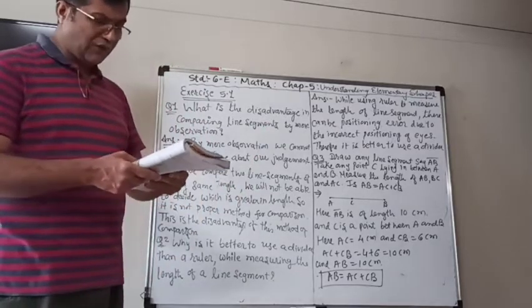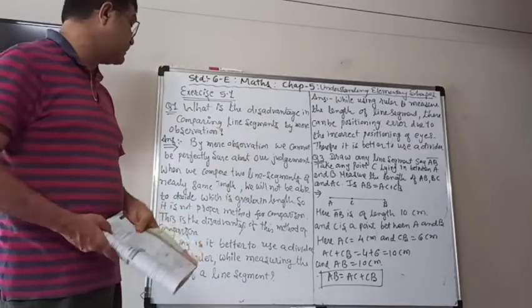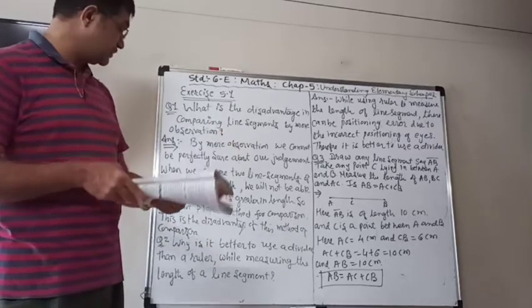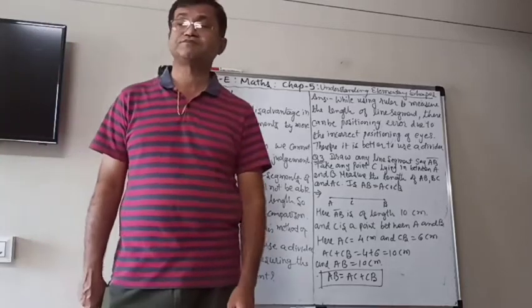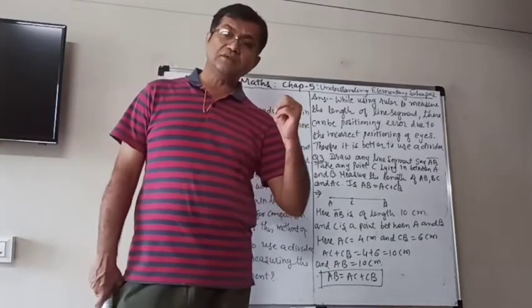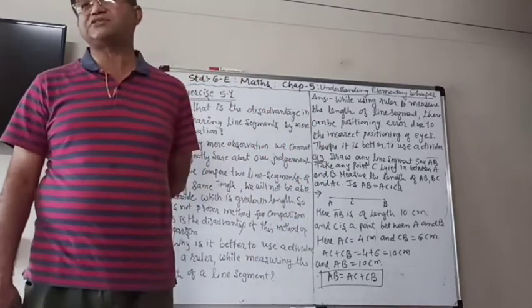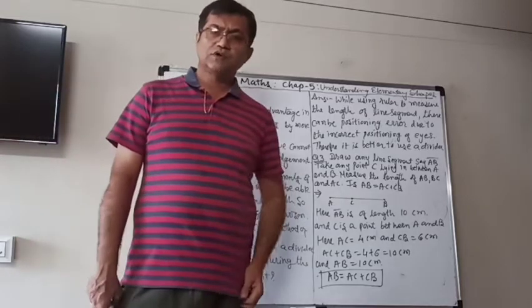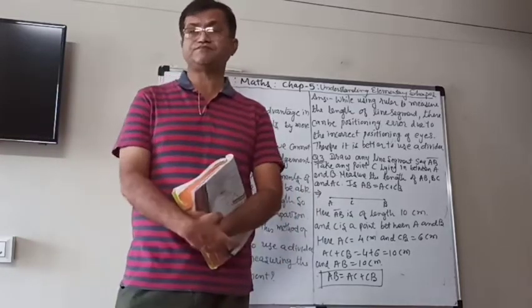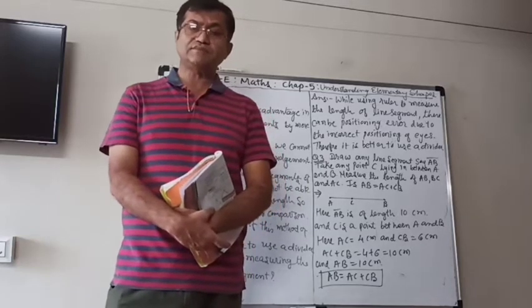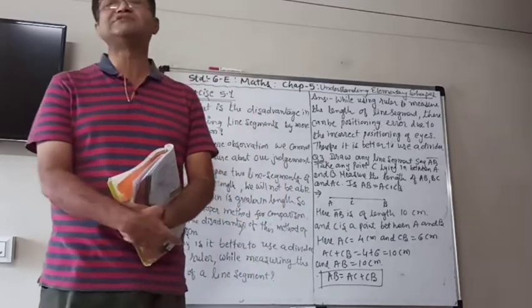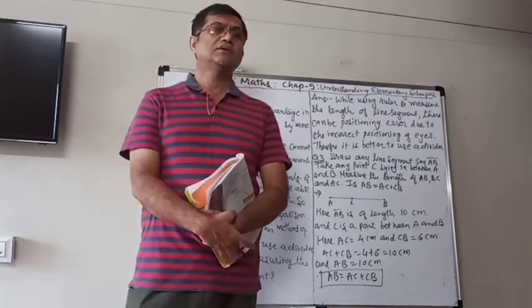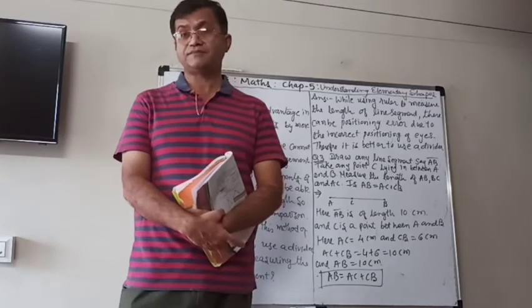Second question is that why is it better to use a divider than a ruler while measuring the length of a line segment? Now when we learned about it in the last section, when we use the ruler to measure the line segment, sometimes a positioning error may occur because of the error in positioning of the eye.